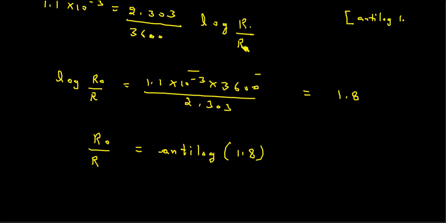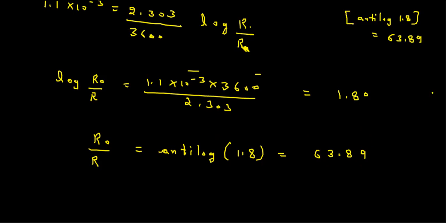Suppose I give you antilog 1.8 equal to 63.89. So the ratio R naught upon R is 63.89.